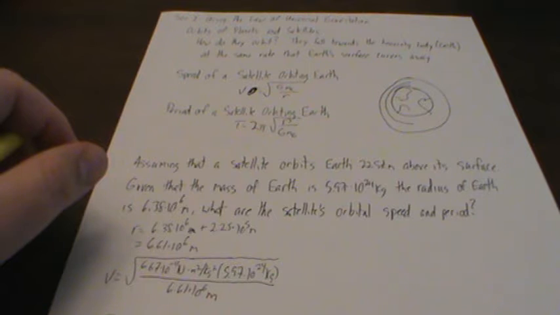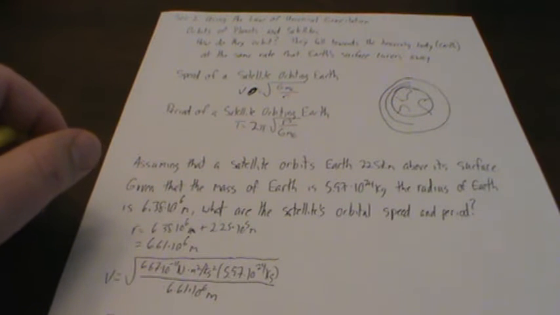So, let's see what we come up with. Square root of 6.67 times 10 to the negative 11th times 5.97 times 10 to the 24th, divided by 6.61 times 10 to the 6.